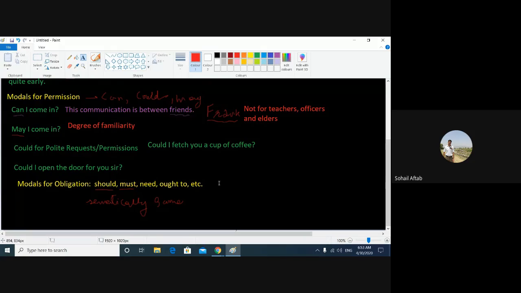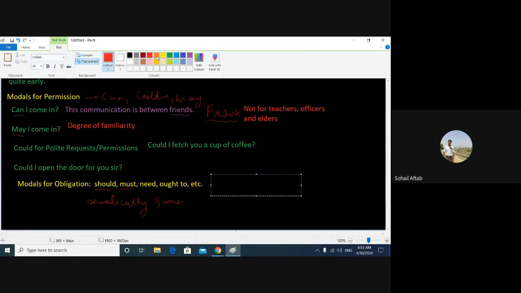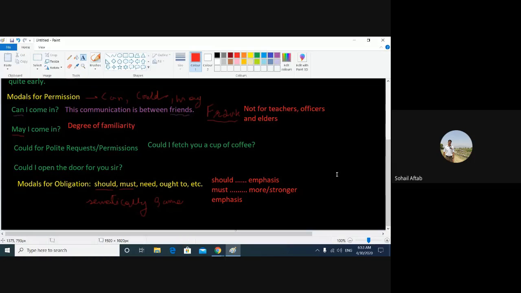Should has less emphasis, and must has stronger emphasis.